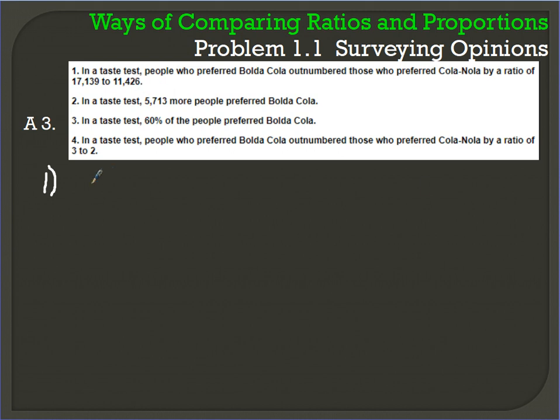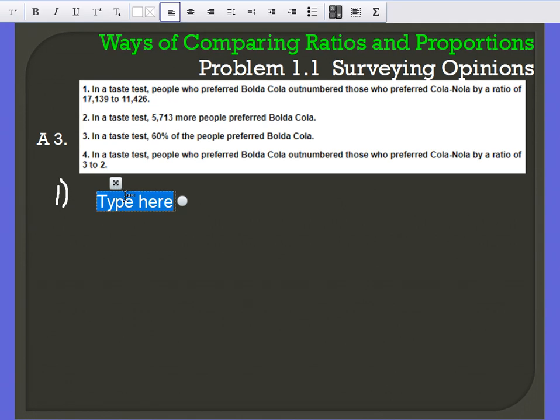So what we need to do is go ahead and write that out in some sort of organized fashion. So I'm going to abbreviate Bolda-Cola and Cola-Nola, and then write out the number of votes. Now, this may or may not actually be the number of votes counted or preference slips that are counted.